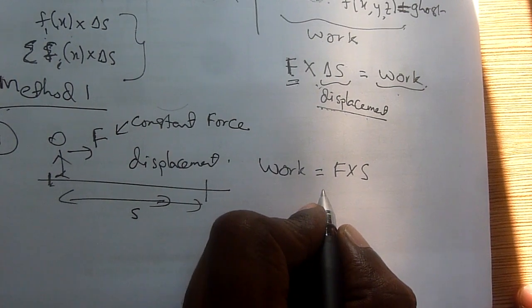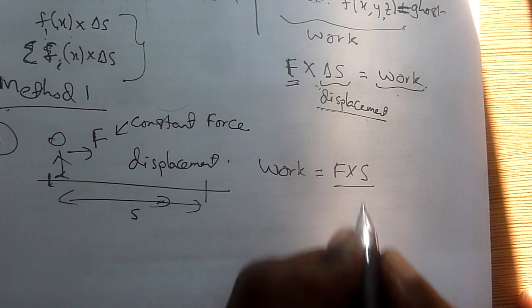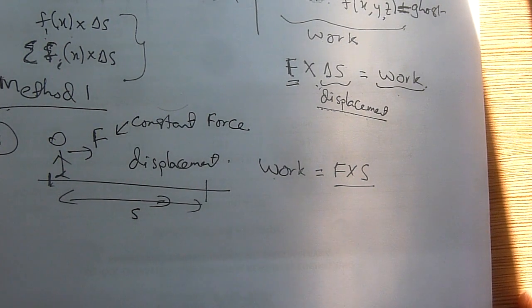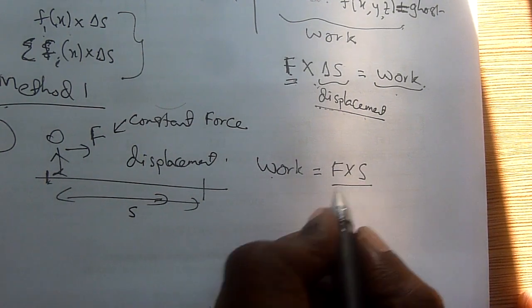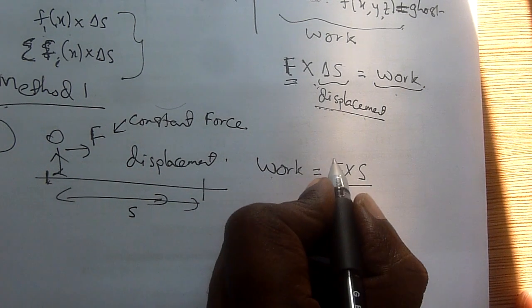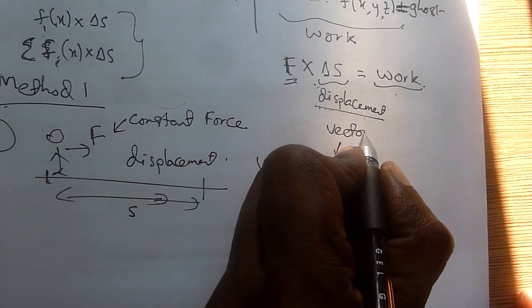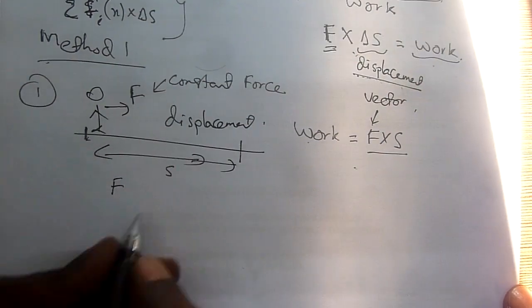Constant force. This is very important because work is basically a scalar, but F is a vector. Okay, I will write this again here.